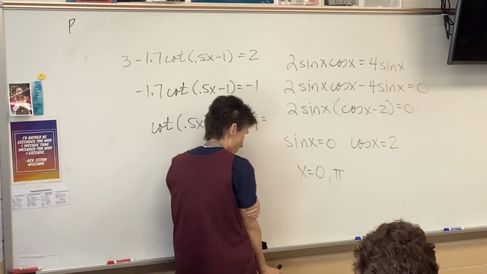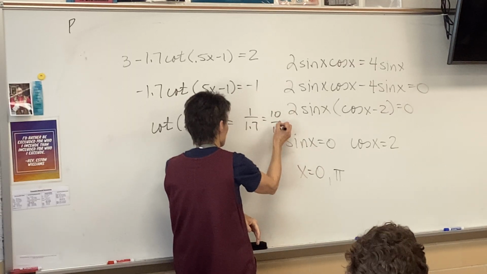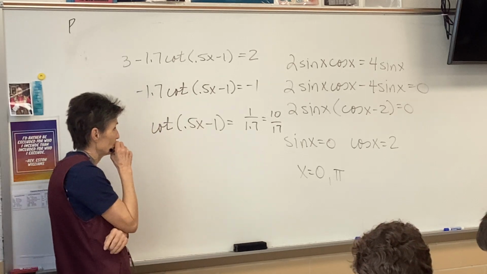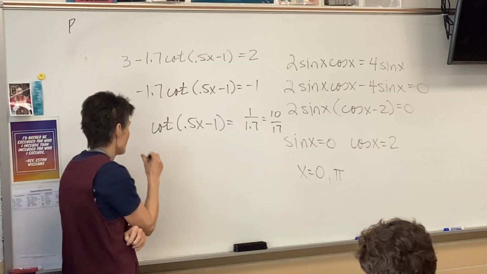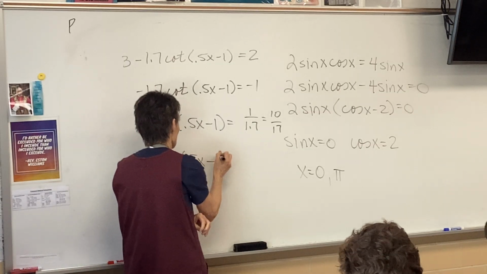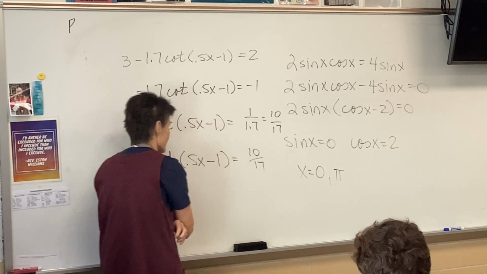One over 1.7, is that 10/17? So I have this equation: cotangent of 0.5x minus 1 equals 10/17.